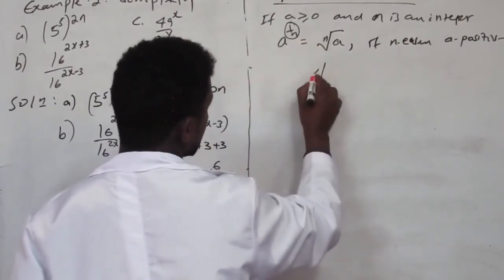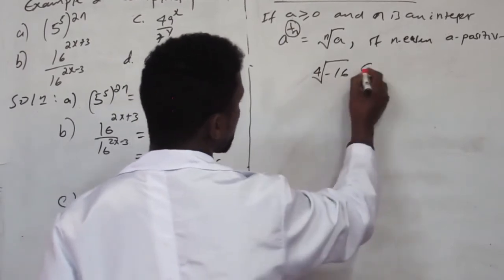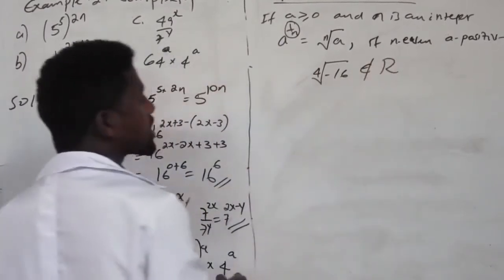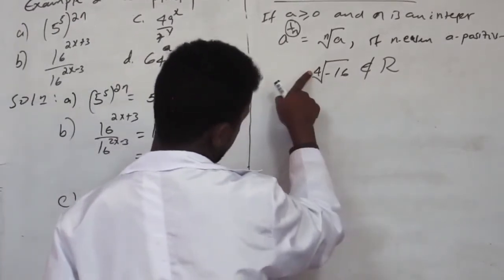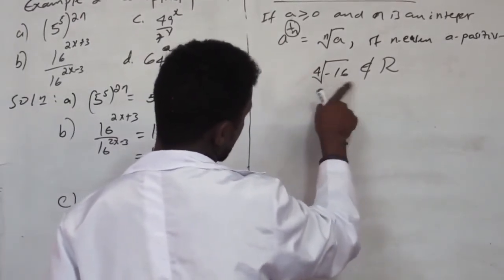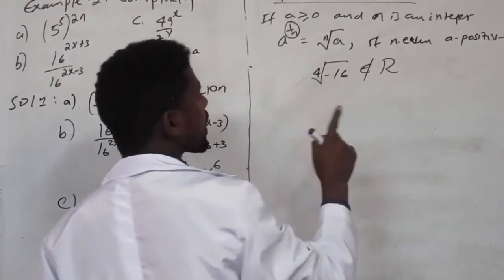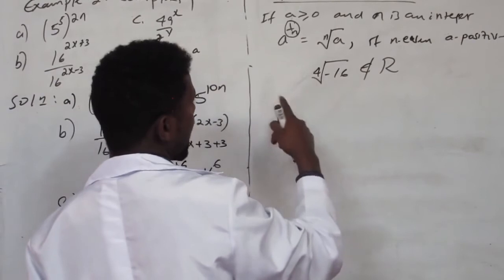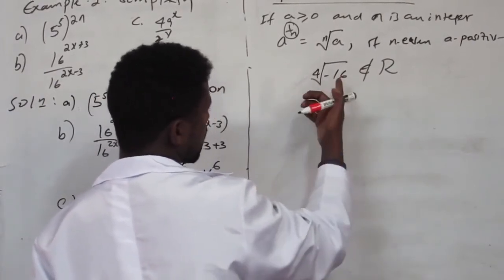If n is even and a is negative, for example the 4th root of negative 16, this number is not a real number. This cannot be defined in the set of real numbers because the index 4 is even, but the number inside the radical is negative. In this case, there is no number where, when we multiply it an even number of times, it becomes negative.